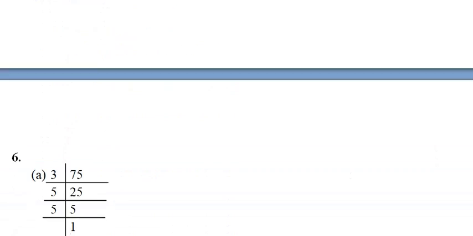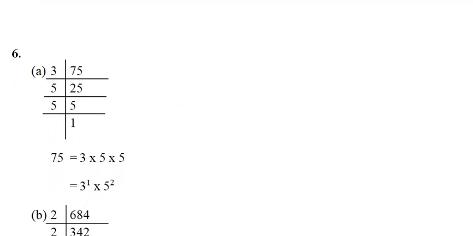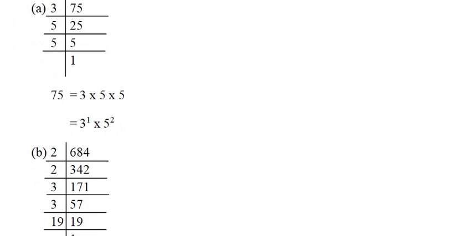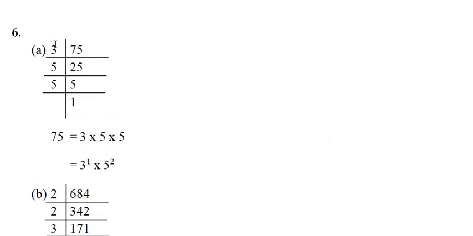Now question number 6 is actually the same thing. It is just like question number 5, but at the end you have to express it in the exponential form. I don't want to discuss how to divide. I just want to highlight how to express the prime factorization as exponents.